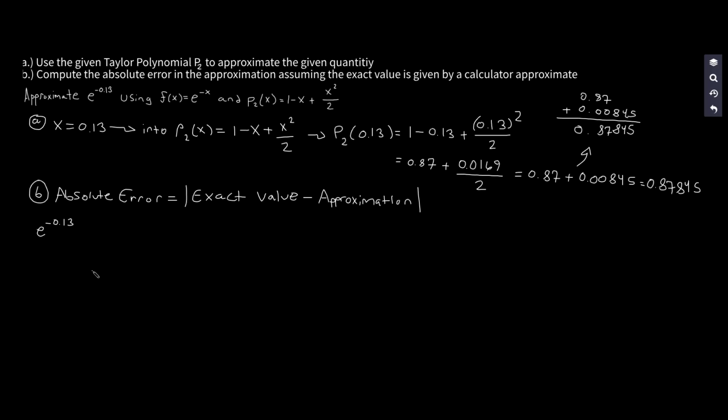So I'm going to grab my TI-84 here. E raised to the power negative 0.13. All right. My calculator says that this is going to equal 0.878095439.